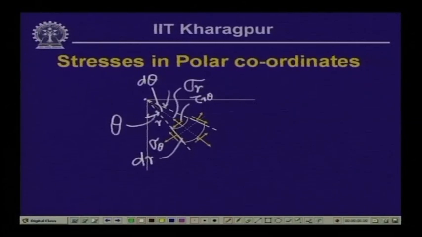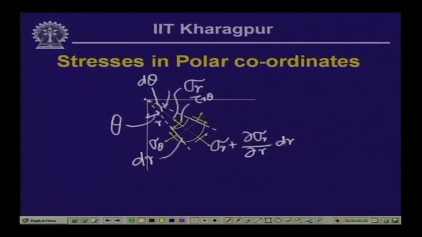So, the stress which is acting on this surface, since it is at a distance of dr, and as we have seen earlier while deriving the equilibrium equations at a particular point with reference to the rectangular Cartesian axis system, if you try to find out the stress at two different points, then there is an incremental stress, which is sigma r plus del sigma r by del r over the distance dr.